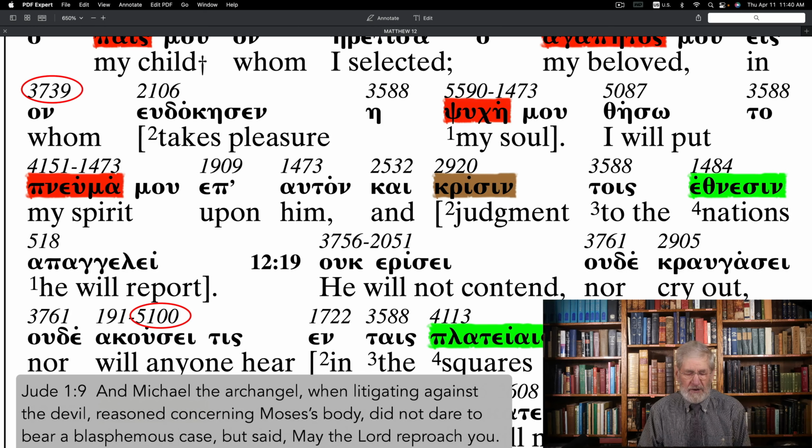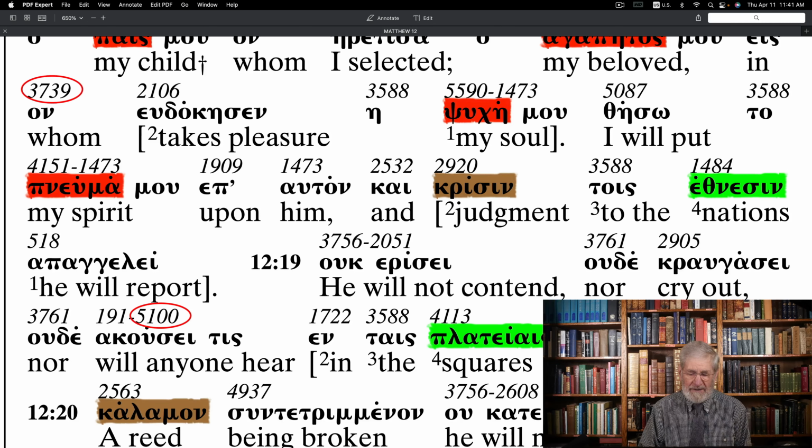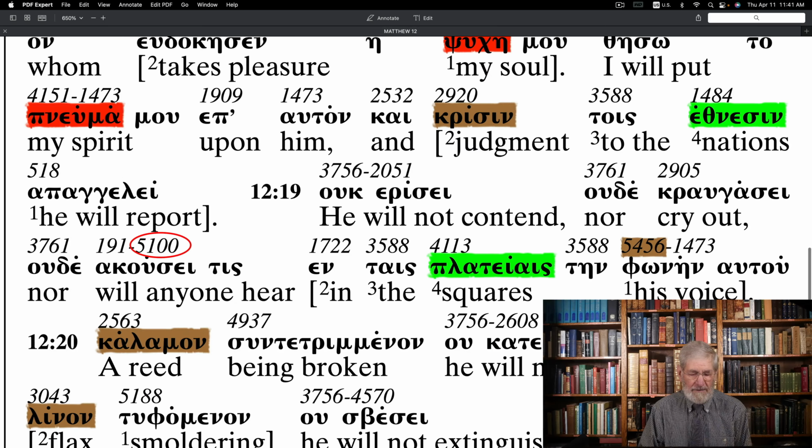He did not dare to bring a blasphemous case, but said, May the Lord reproach you." So a case, because the angel didn't judge anybody but the Lord. And so he brought a case. So here, he will report a case to the nations, something to the nations.